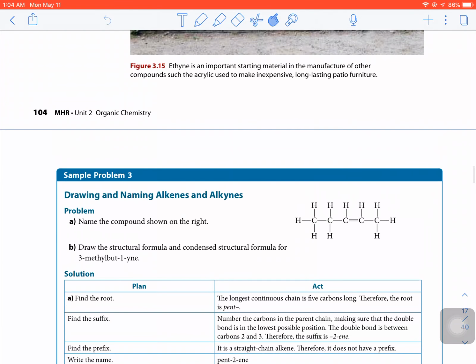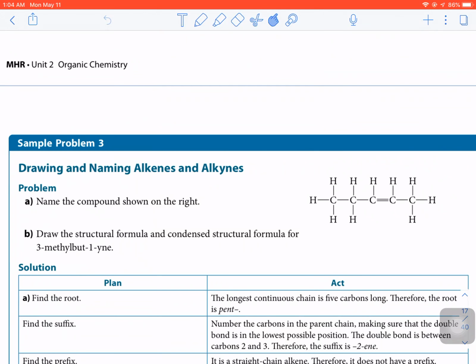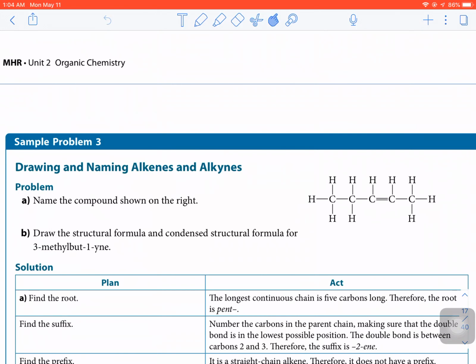Okay, so here's the sample problem, and it says, name the compound on the right. Okay, so if I look at this compound here, I'm seeing I've got 1, 2, 3, 4, 5 carbons with a double bond. So it's going to be pentene. And the double bond comes on either the third carbon or on the second carbon. So it should be a 2-ene.